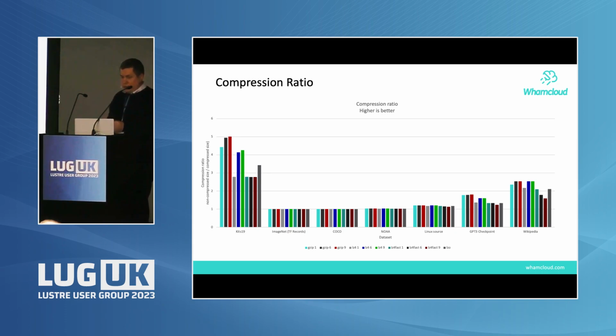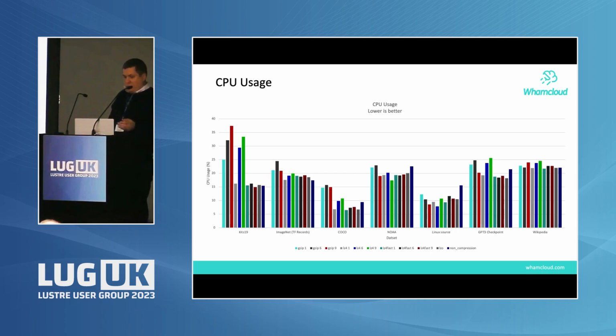It obviously compresses text well and cannot compress already compressed data. It uses CPU, but the delta added to the no-compression case is not so large.